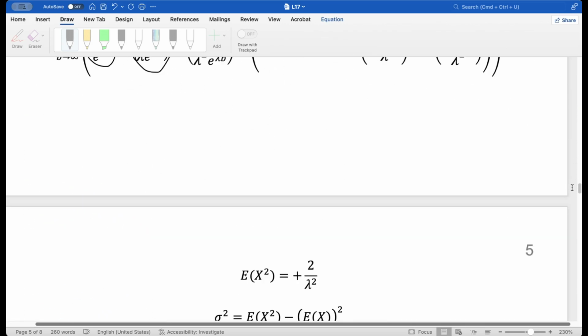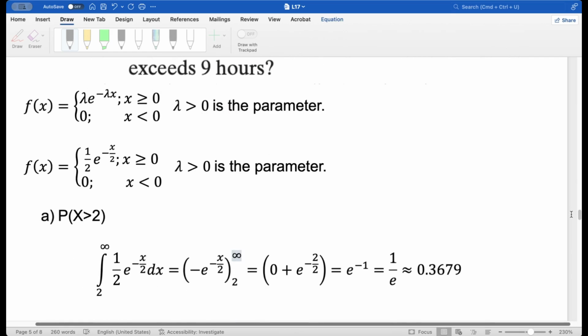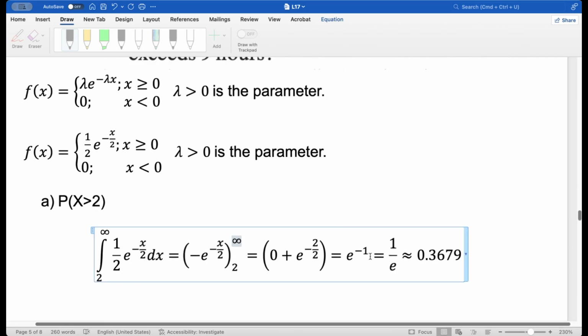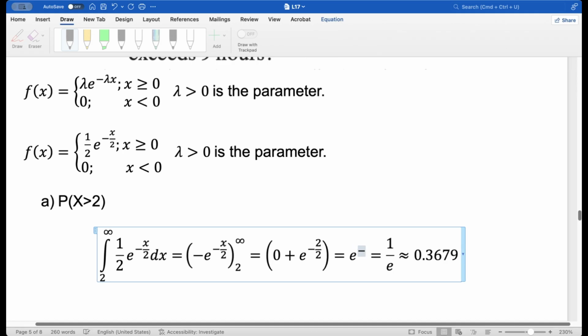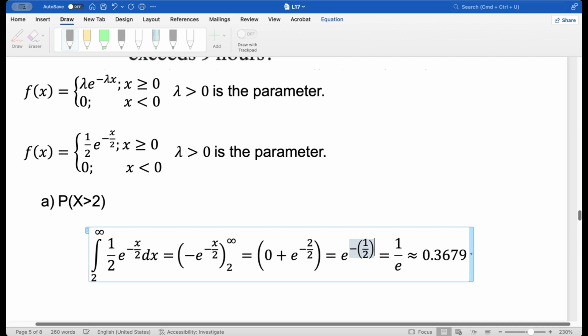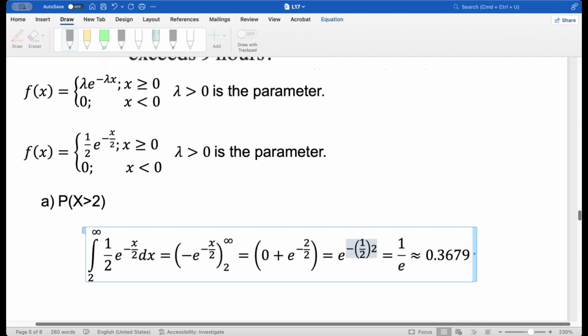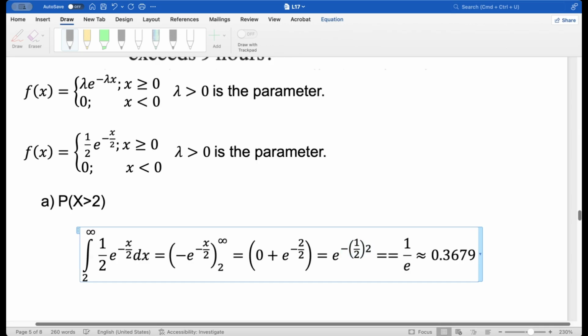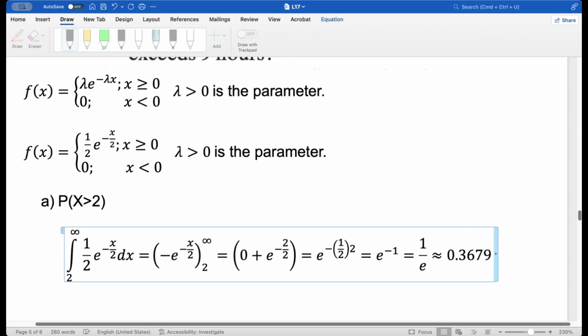And so what we're getting here is e to the minus lambda was 1/2 and c is 2, cancels out to e to the minus 1, or 1 over e, which is 0.3679. So the probability x is greater than 2 is about 0.3679. Again, you can use the shortcut there, or you can do the antiderivative.